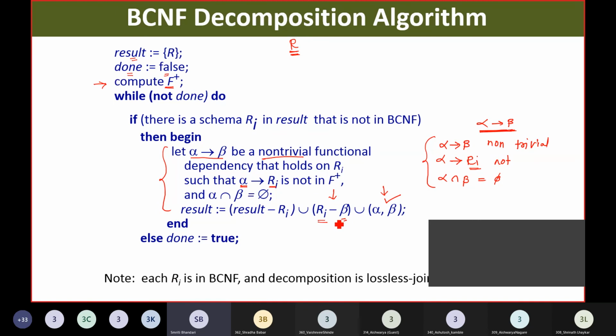Right? So these are the relations in our decomposition, and we are going to iterate until we no longer find a functional dependency that violates the norm of BCNF.